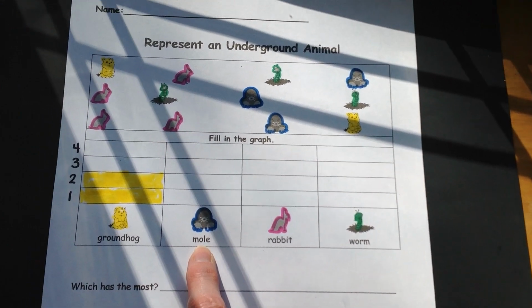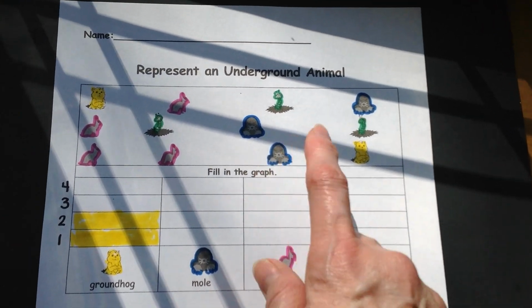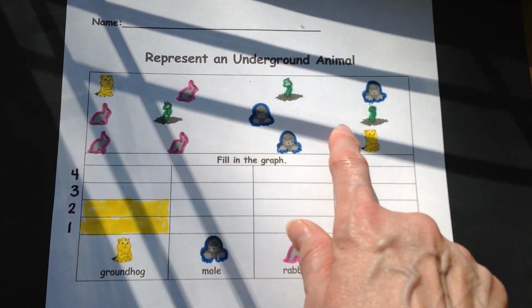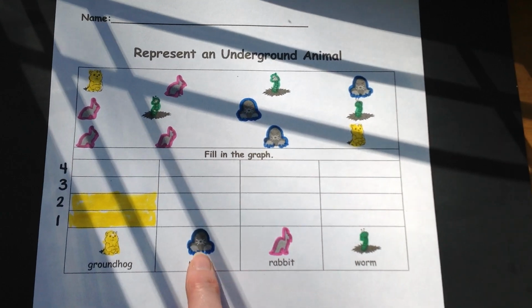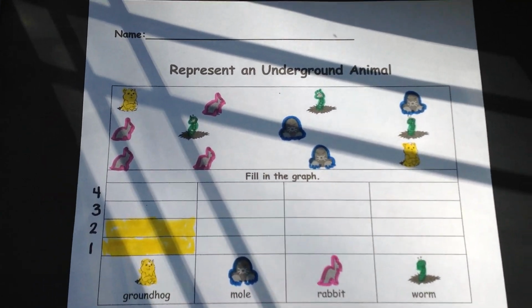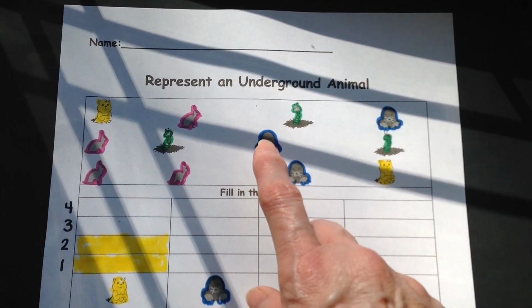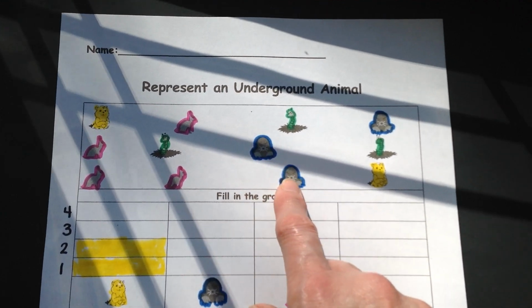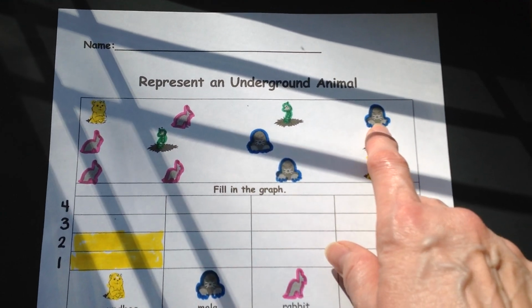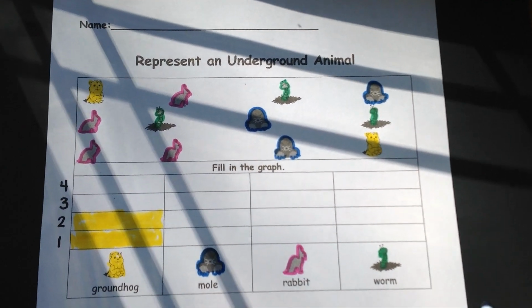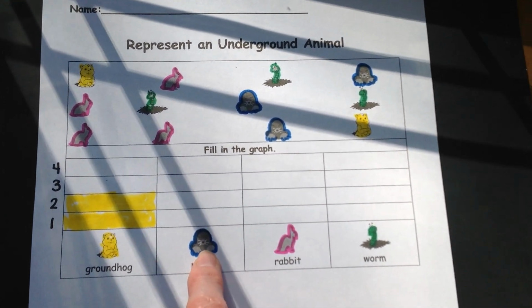It's a mole. Let's go into the box up above and take a look for how many moles we have. Let's count them up together. 1, 2, 3. We have 3 moles, and you can see they're blue.